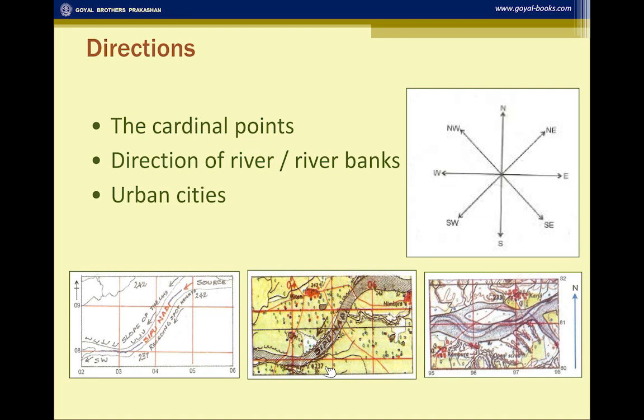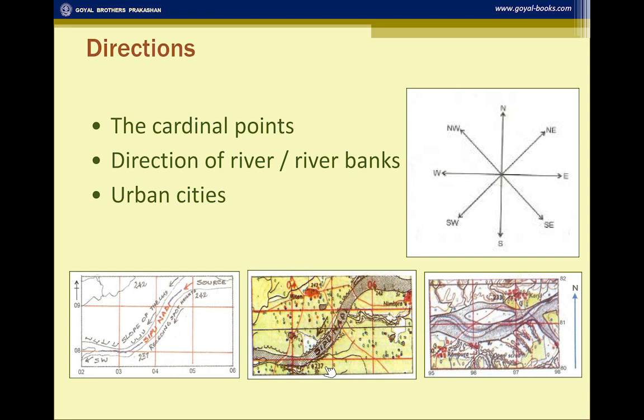Now to find on which bank of the river the Mitan village is situated, we have to find the source of the river. Now you know that the river flows from higher level to lower level. Now if it is flowing from northeast to southwest, here is the source of the river. Is it northeast?